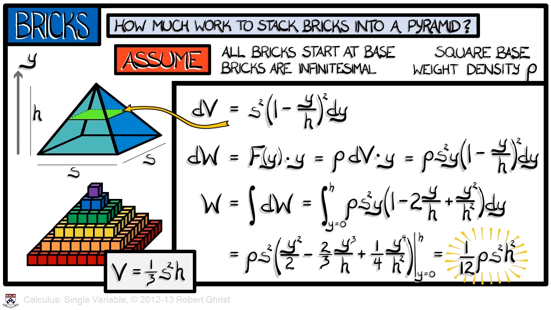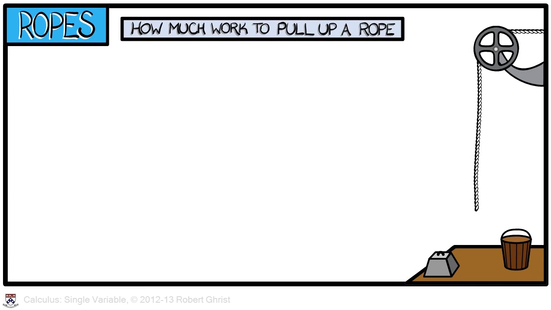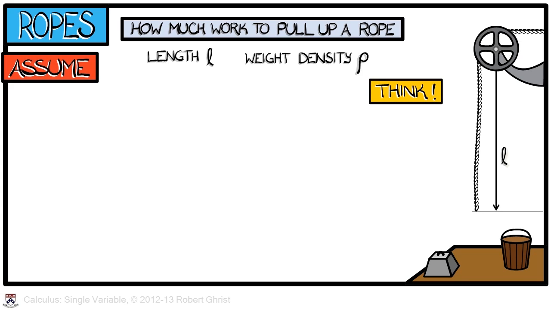That h factor is telling you that you've got to raise those bricks up to that level, and that takes work. Let's look at some examples that we began the lesson with, thinking in terms of ropes. How much work is it to pull a rope up over a pulley? Well, we have to make some assumptions about how much the rope weighs. Let's assume that we have a length L and a weight density rho.